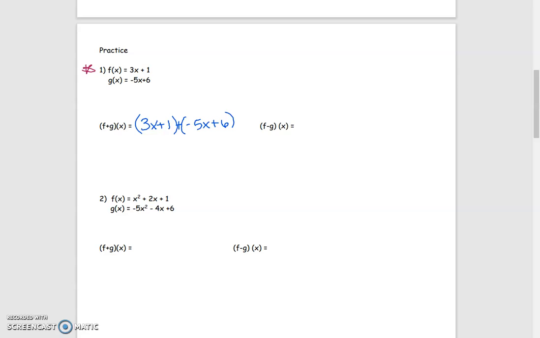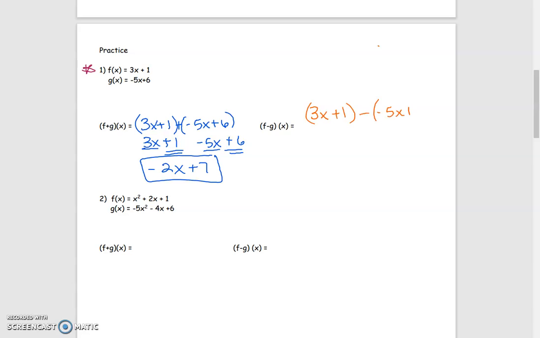So adding, we're going to add all of our like terms here. So our x's should have gotten negative 2x, and then our numbers should have gotten plus 7. Now with subtraction, you should have distributed, so f of x goes first, then distributed that negative to each term in the g there.